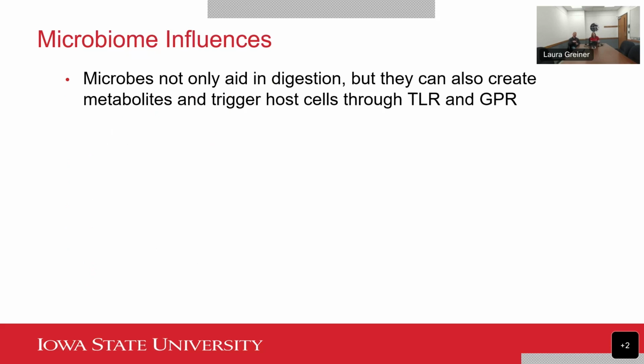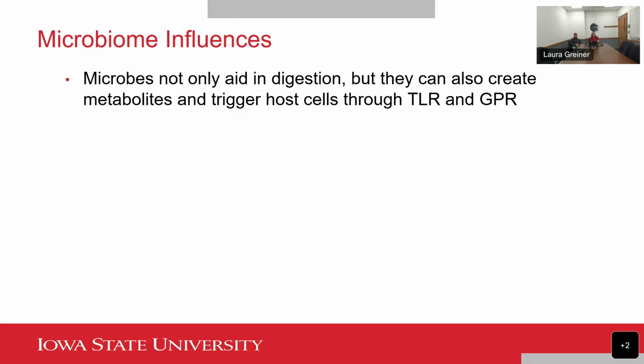How this happens is actually quite interesting. And so if we look at just the gut microbiome and we exclude skin or eyes or any of that at the moment and just look at the gut, the microbiome is not only there to help digest feed particles as they are passed through, but the microbes themselves will produce metabolites, and these metabolites will actually signal the receptors on the host.